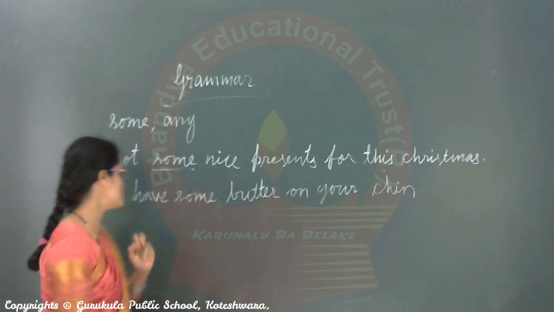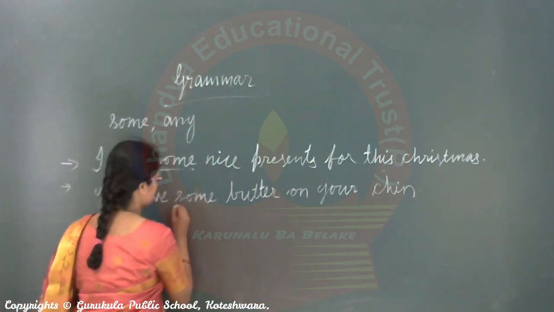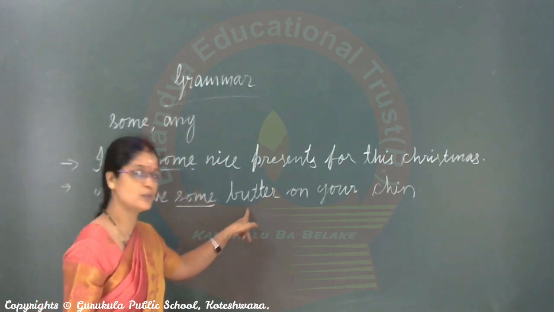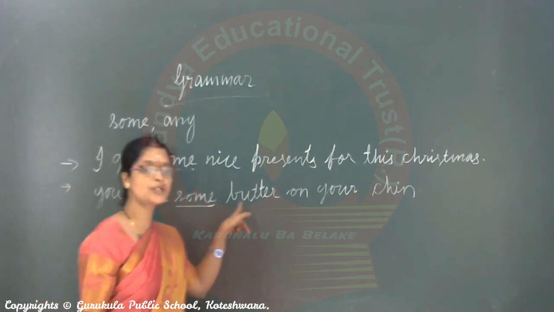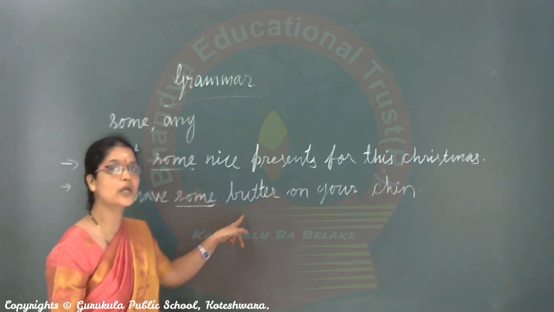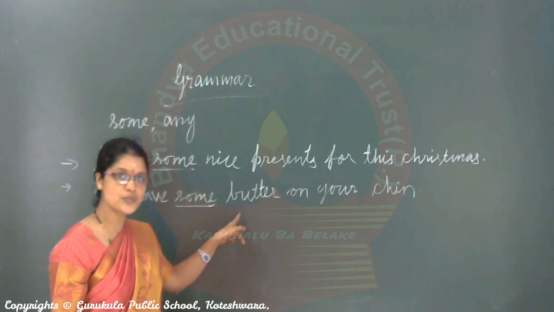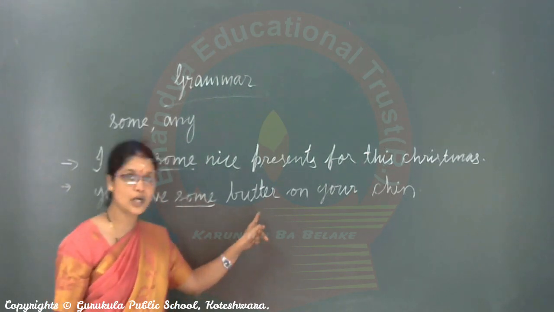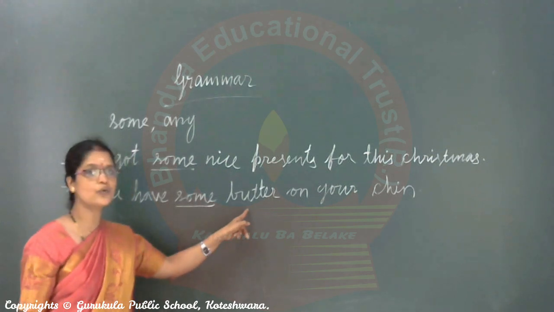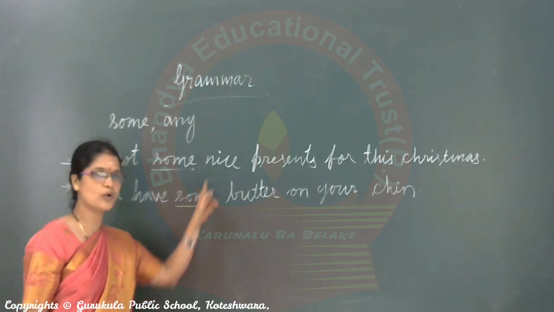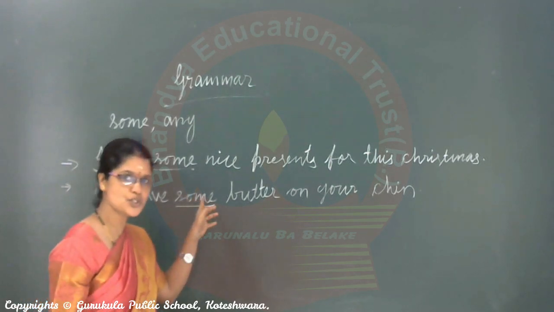See, I have used some here with butter. It is an uncountable noun. Butter we can't count. What does uncountable noun mean? Some nouns we cannot count. Such nouns are called uncountable nouns. Here butter we cannot count. See, with an uncountable noun I have used some. So both examples, have you understood?